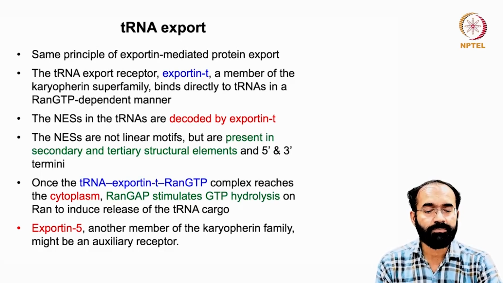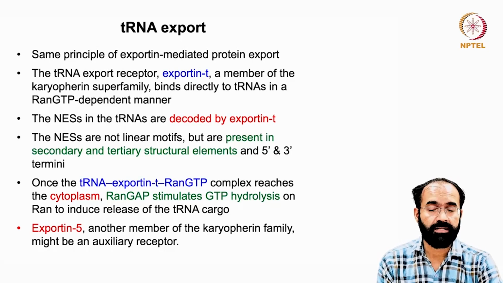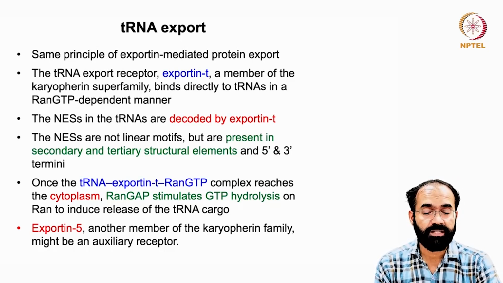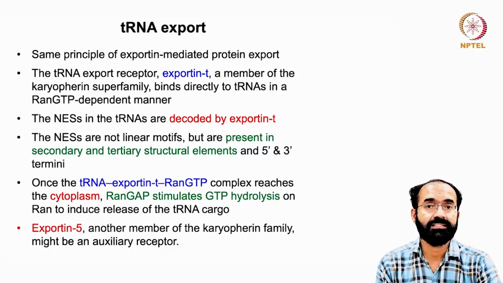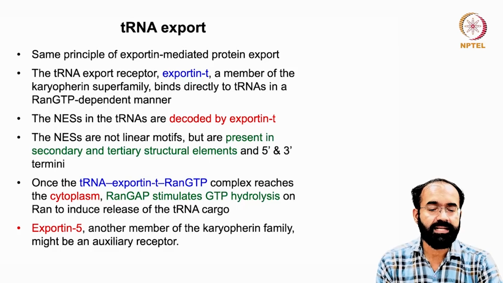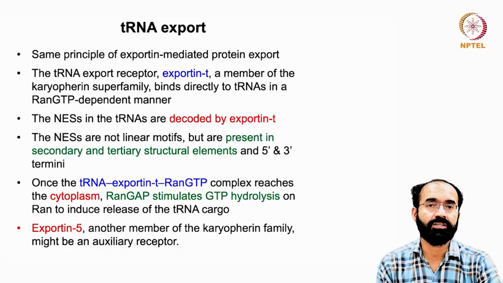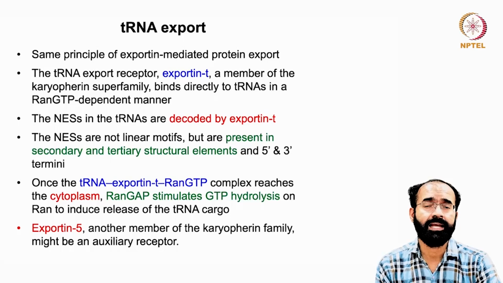So the nuclear export signals in the tRNAs are decoded by exportin T. This decoding is very important, because without exportin T, the tRNA's nuclear export signals cannot be read. So exportin T's role is to identify the right cargo. The NES, nuclear export signals, are not just a linear motif, not like U, C, A, U, or the poly A signal, which is A, U, A. It's not like that.